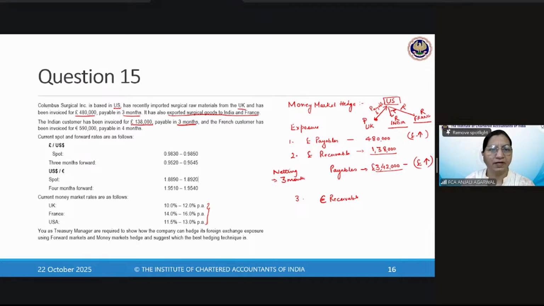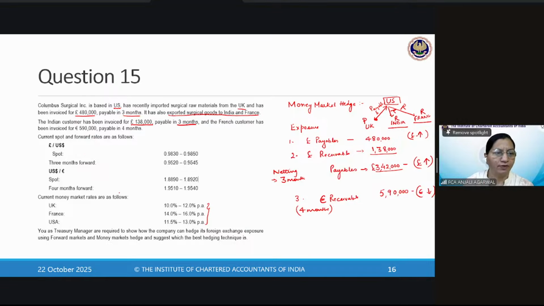So the Indian customer has been invoiced in pounds payable in 3 months, and the French customer has been invoiced in euros payable in 4 months. So here there is some difference of timing also. Euros will come after 4 months, 1 month after the pounds are paid. So these are receivables. So for euro, you are fearing that euro may decrease.